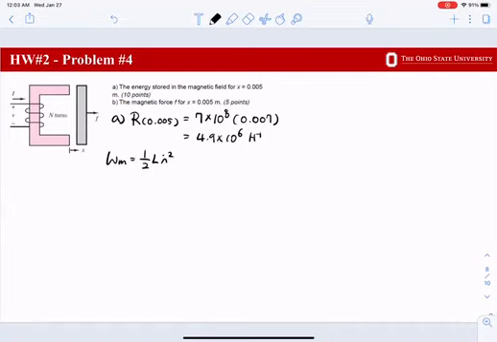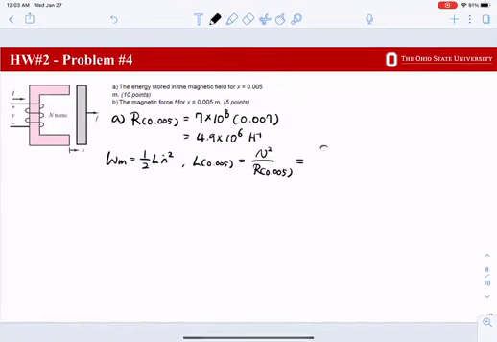So the inductance is N squared over the reluctance at 0.005.